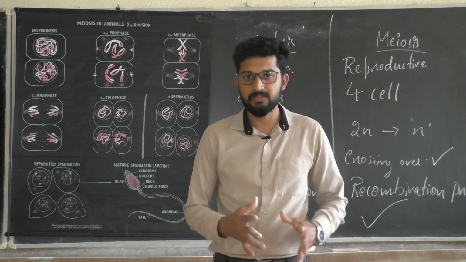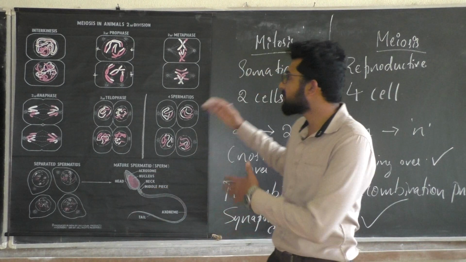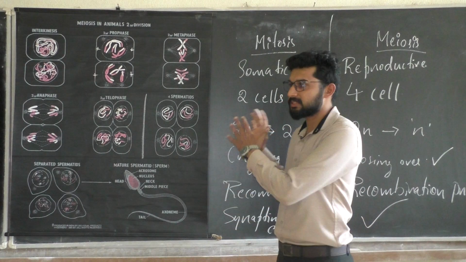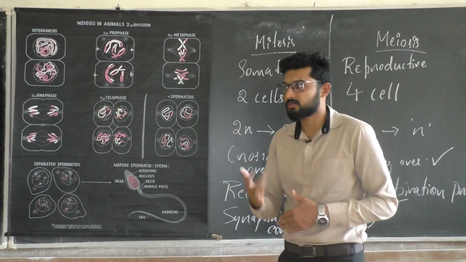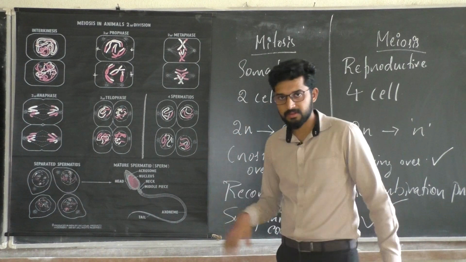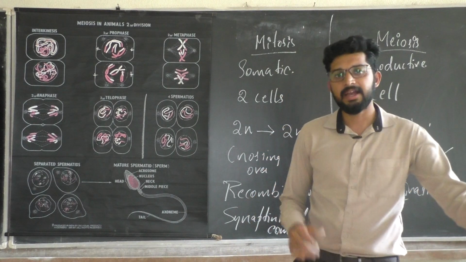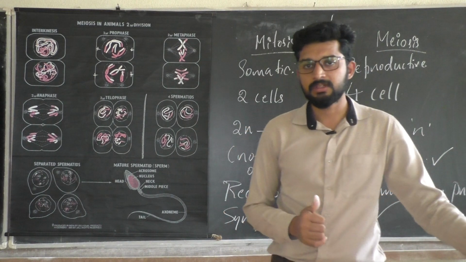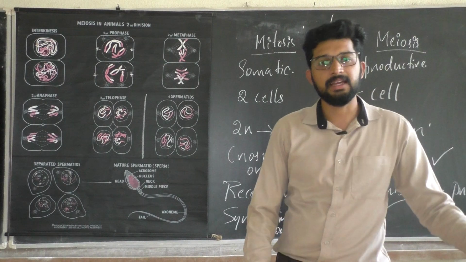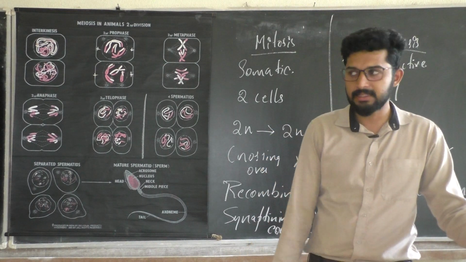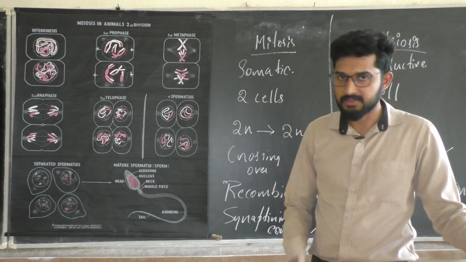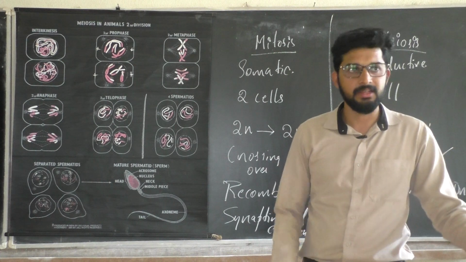Read this concept well: the significance of mitosis, the significance of meiosis, and their differences. This is very important, and this is the ending of the chapter on cell cycle and cell division. Please read this concept once again in your textbook.